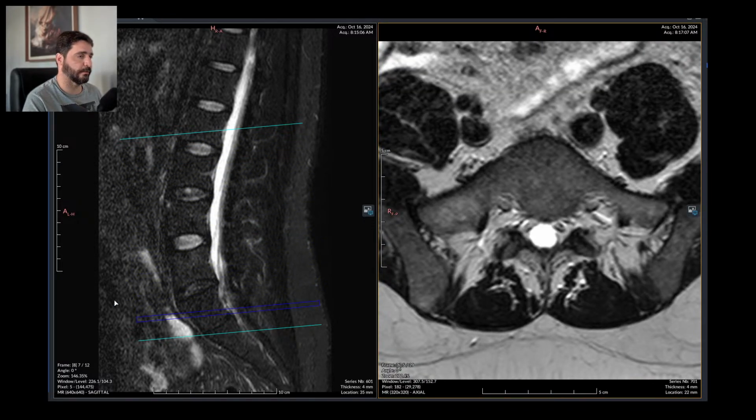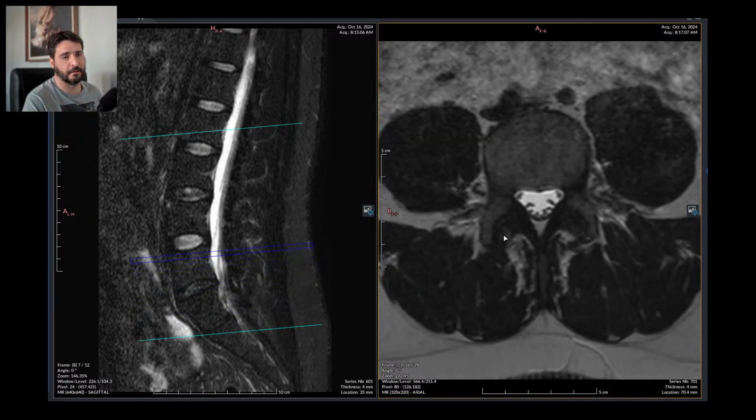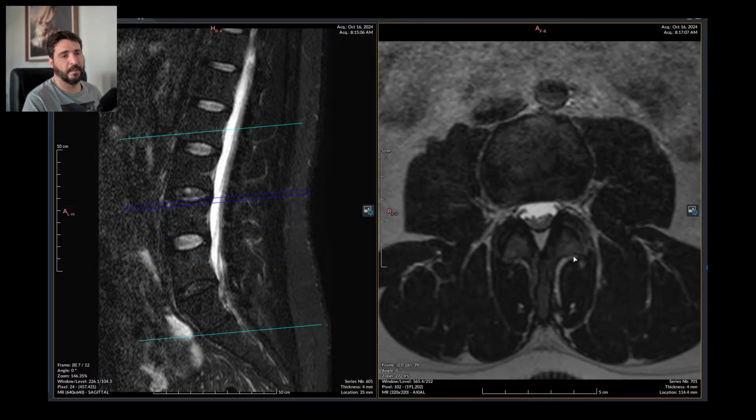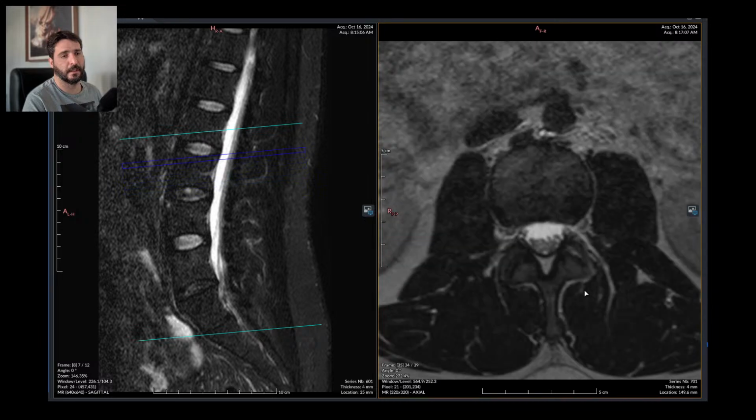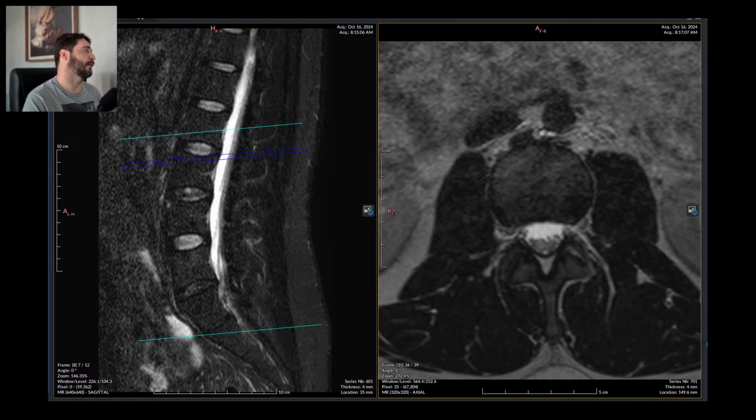This could be also caused by chronic denervation. There are signs of thickening of the yellow ligaments, and there is mild arthrosis of the facet joint. So we have it all.